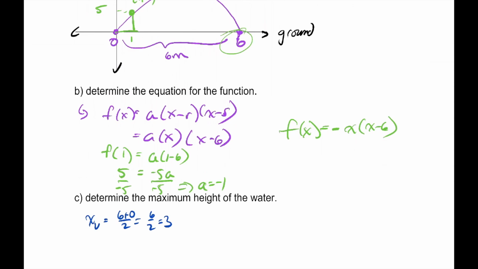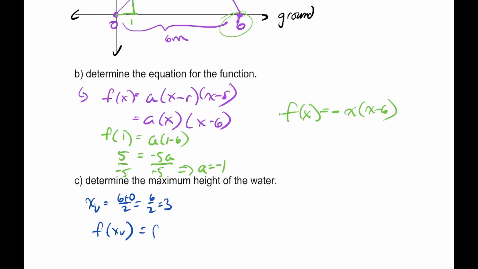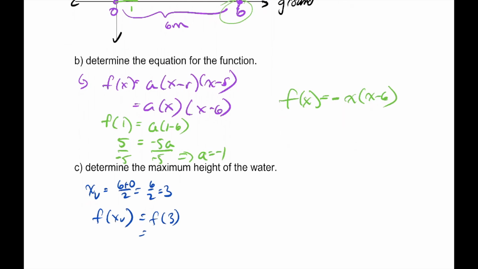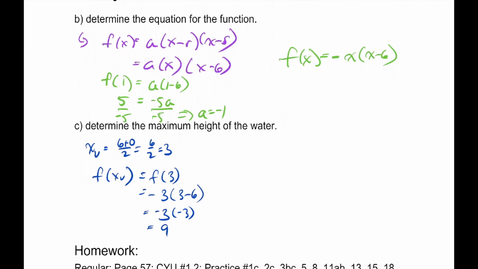So in order to get the maximum height, we need to plug in the x-coordinate of the vertex, which is going to be the same thing as f of 3, which is minus 3 times 3 minus 6, which is negative 3 times the negative 3, which is 9. So therefore, the maximum height of the water is 9 meters.